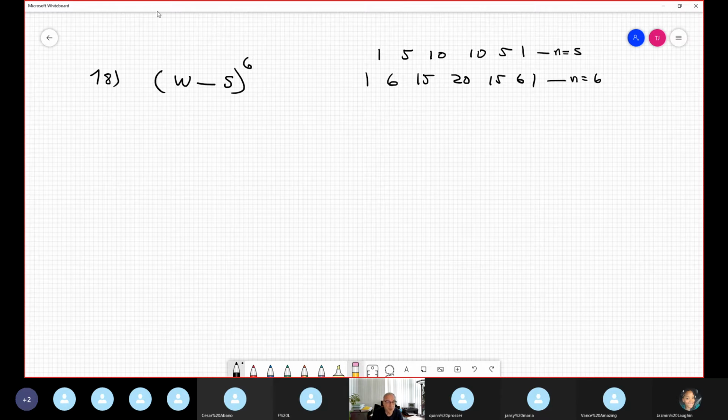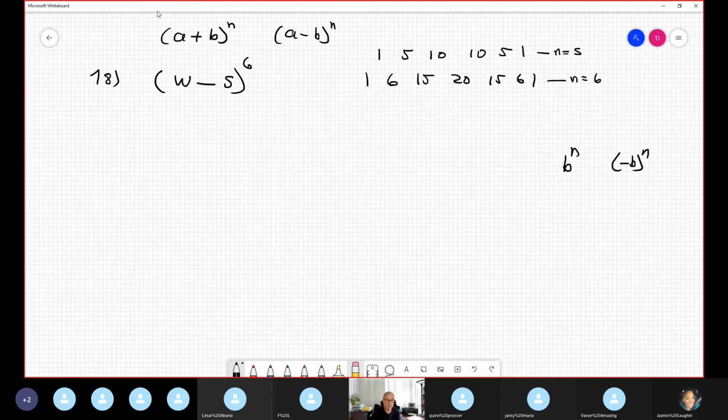Okay, professor, but wait, I don't understand something. You explained A plus B to the n power with the Newton formula, but what is the formula for A minus B to the n power? It's the same formula. The only difference is that instead of B, you suppose in the formula minus B to the corresponding power.